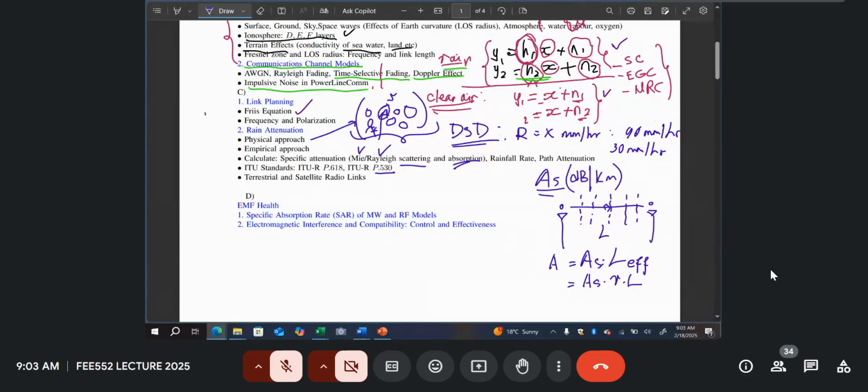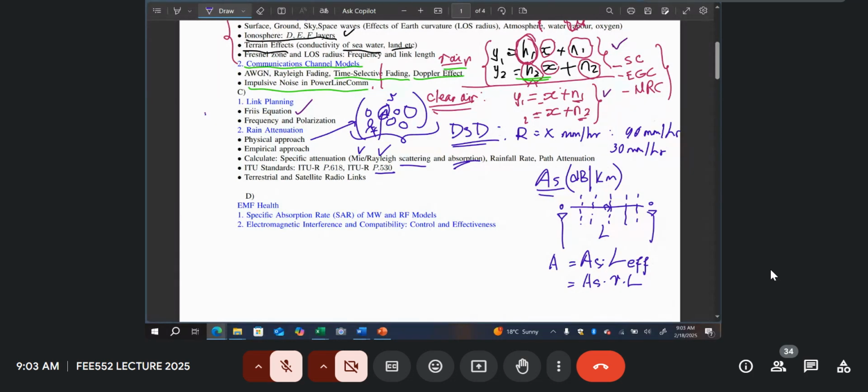If you can calculate this attenuation, it will tell you that whenever it rains, the power that you're going to lose is this amount. So when you are transmitting, transmit in excess of this power so that you still receive your signal within the threshold. That's what you learn through attenuation.